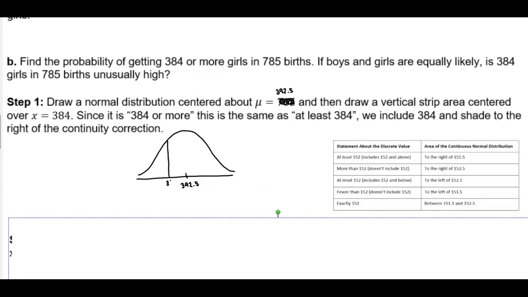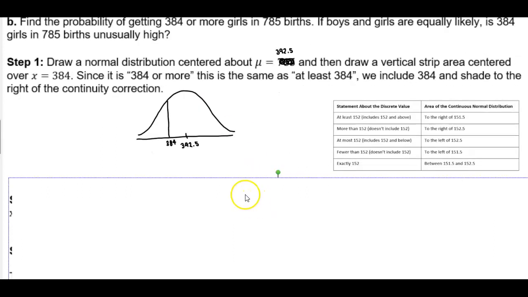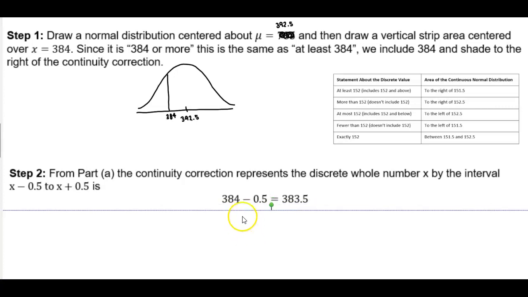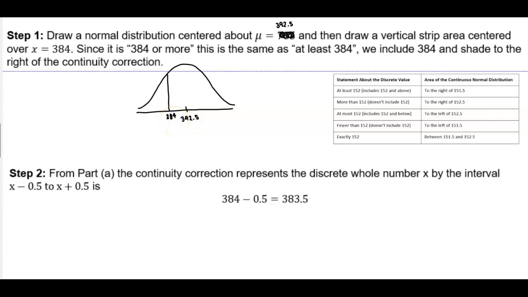So there's 384 on our bell curve. Okay, and now we're going to go ahead and do the continuity correction. So remember, the continuity correction is going to be 384 minus 0.5 because we need to include 384. So therefore, we're going to draw this value here, which is going to represent 383.5.